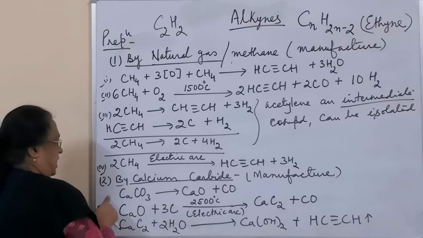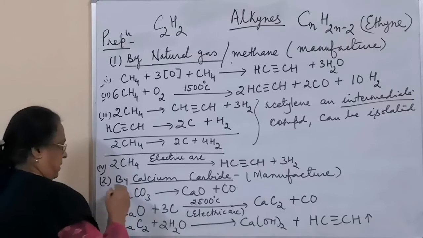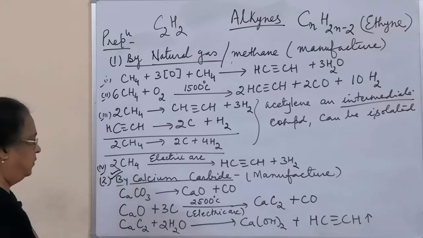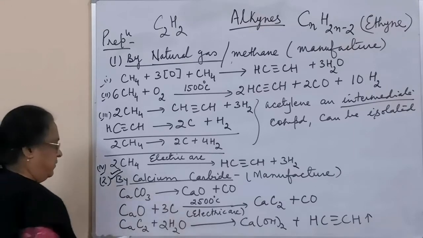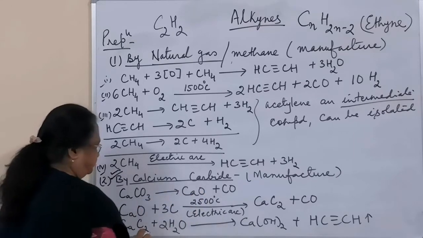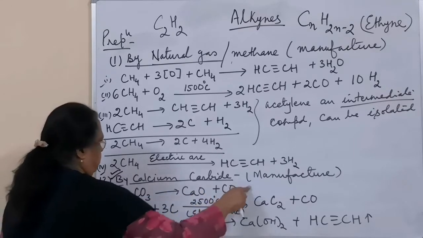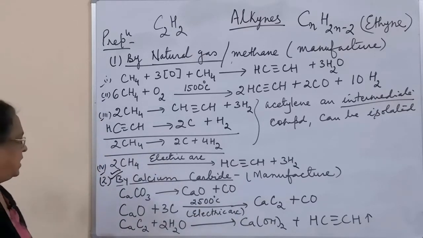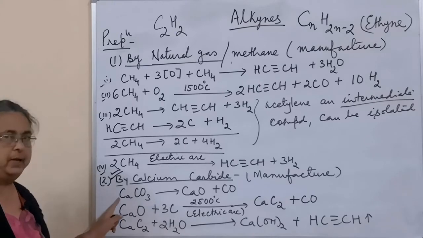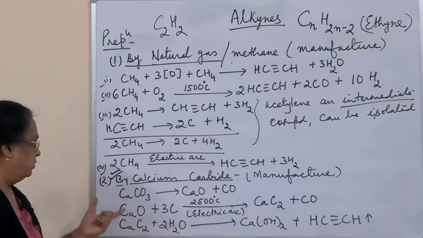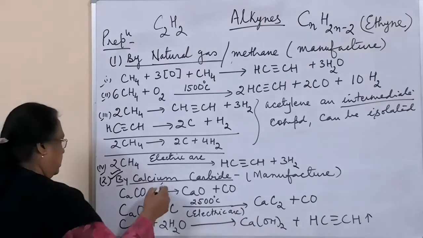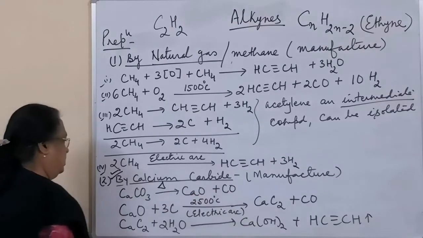The second reaction is from calcium carbide. This is the most important method from the examination point of view, and this is also an industrial manufacturing process. First, calcium carbonate, marble powder, is heated, and we get calcium oxide and carbon monoxide.